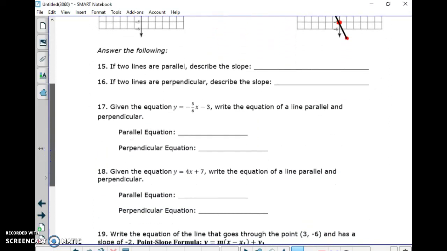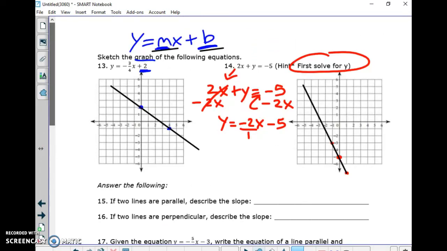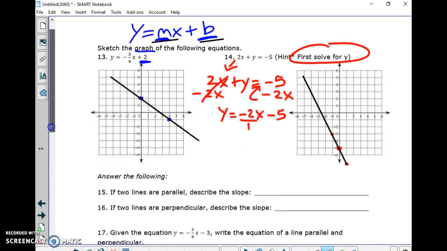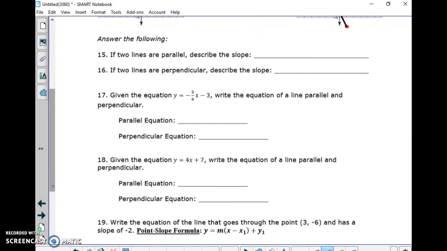If two lines are parallel, the slopes are, we did this on yesterday's warm-up. Whoops, let's go back. So if two lines are parallel, the slopes are the same or equal. If the two lines are perpendicular, describe the slope. Remember, there's two changes.